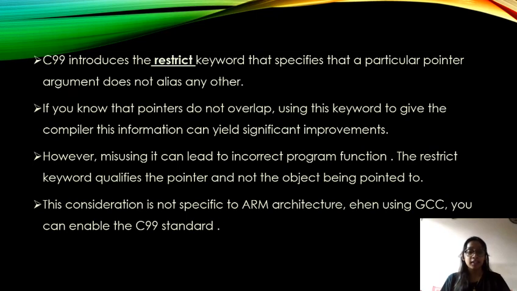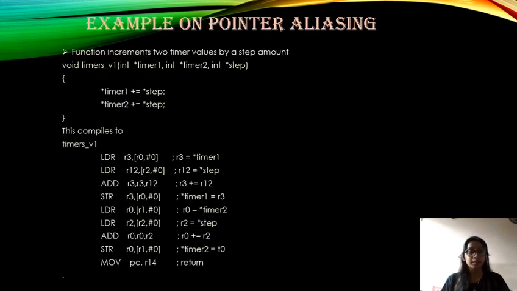Example on pointer aliasing: the function increments two timers' values by a step amount, where a void function timers_v1 uses pointer t1 as an integer type pointer, along with pointer t2 and pointer step.